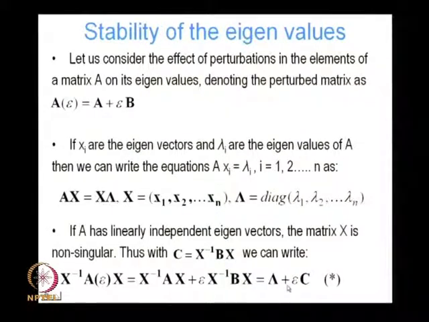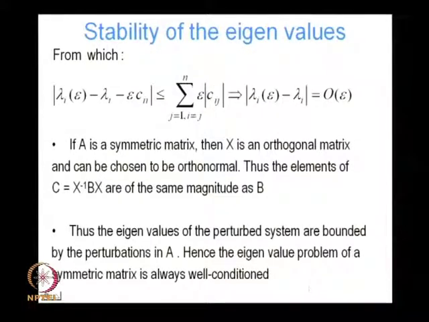Again, the matrix lambda is diagonal, so all the off diagonal terms of x inverse A epsilon x are given by epsilon c. So, this must be less than or equal to epsilon times the sum of mod c ij, which implies lambda i epsilon minus lambda i must be of order epsilon. So, the difference between lambda i epsilon and lambda i must be of order epsilon.